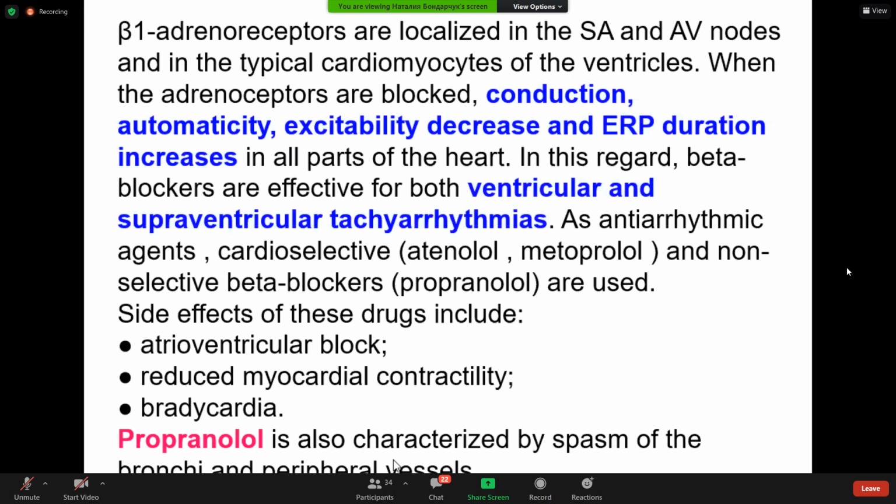So here I put the most important adverse effects: spasm of bronchi and peripheral vessels. Because of such adverse effects, selective beta-1 adrenoceptor antagonists were investigated.